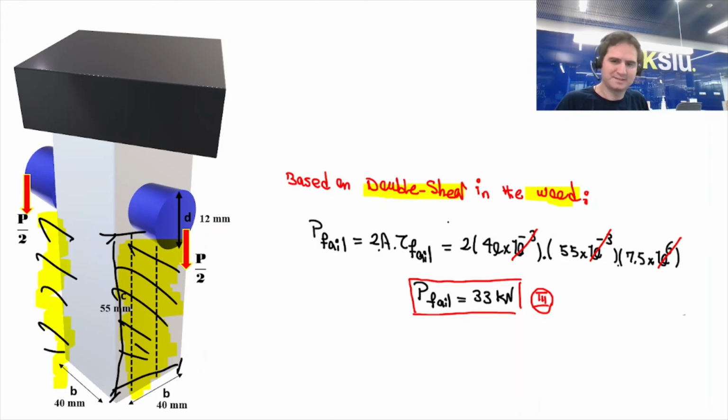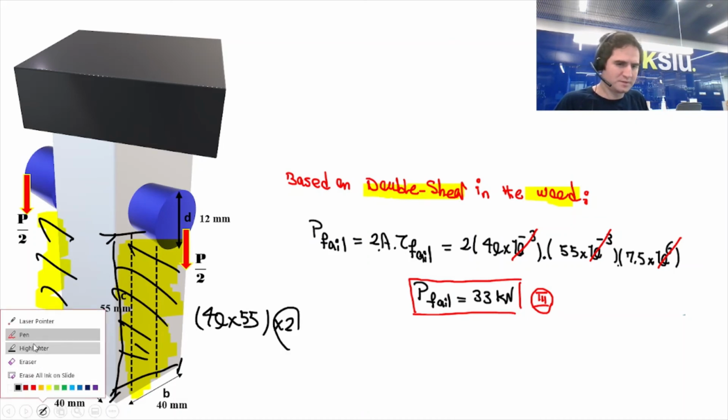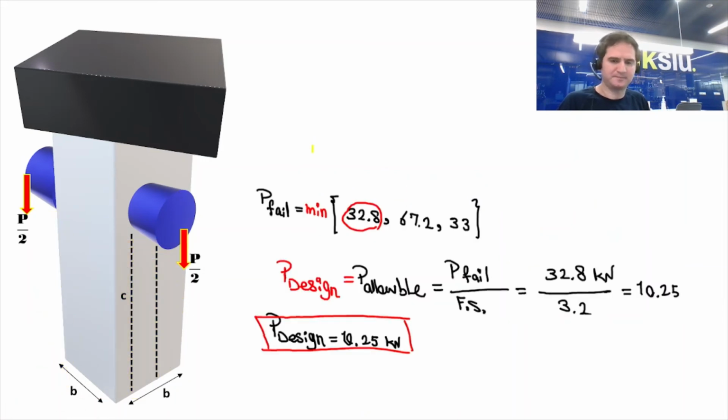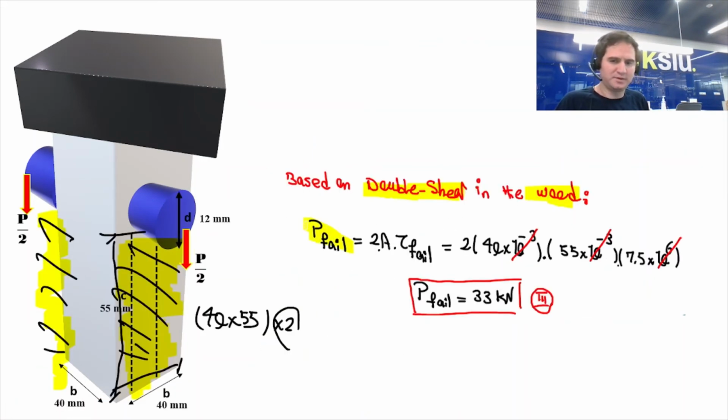That's 40 times 55, two of them. So P failure is 2 times area times tau failure for wood. That's 2 times 40 millimeters times 55 millimeters times the shear strength of wood, 7.5 megapascal. The third possibility for failure is 33 kN.